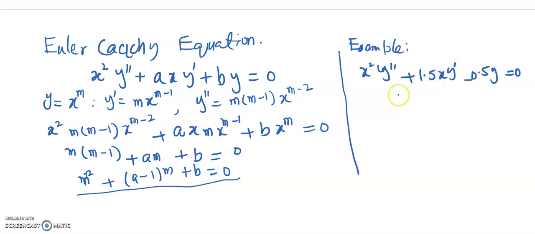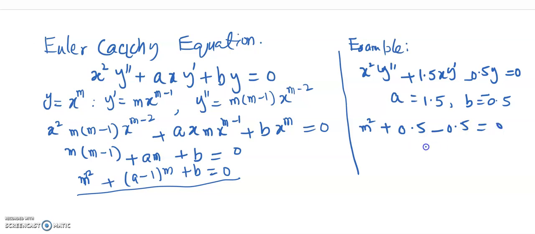The value of a is 1.5, and the value of b is minus 0.5. So the characteristic equation will be m square plus (1.5 minus 1) m, which is 0.5 m, and then minus 0.5, equal to 0.